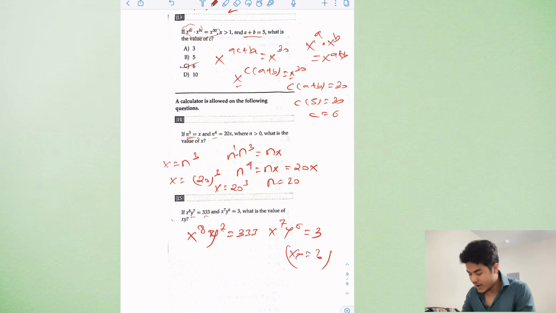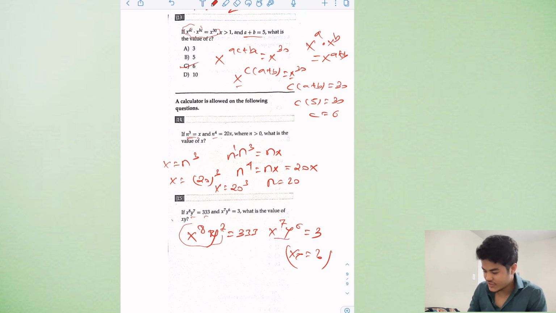All right, so we need to find the value of xy, and we can see the pattern here is that this expression has one exponent greater than this expression. It's a 7, it's 8, it's a 6, it's a 7.